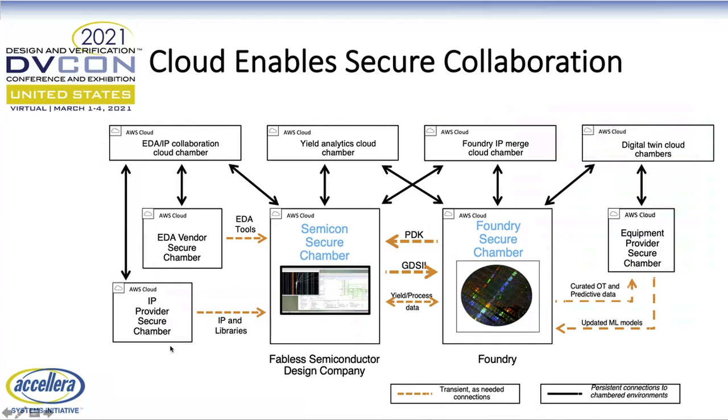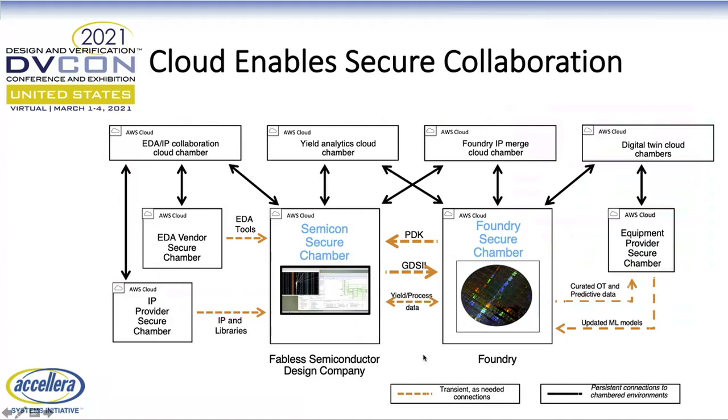The IP provider could have their own secure chamber as well, that maybe feeds data into your chamber. You could also have other chambers for yield analytics, or for collaboration with the foundry, and so on.